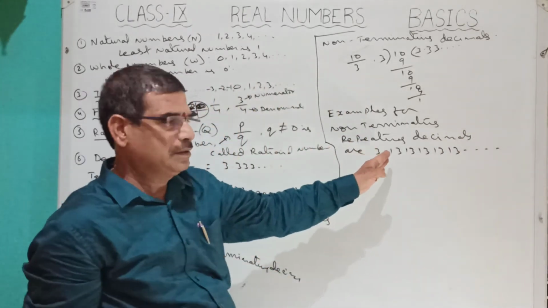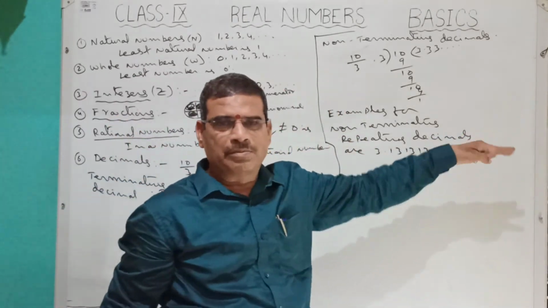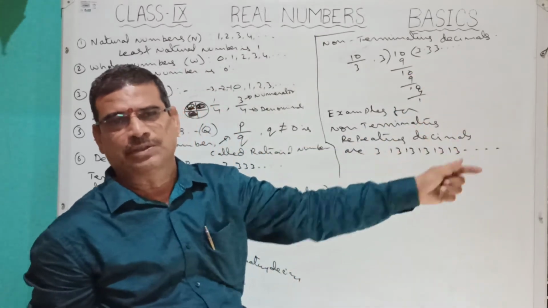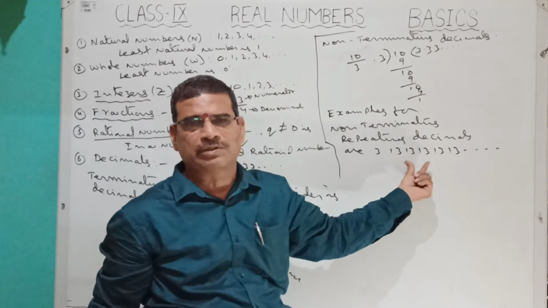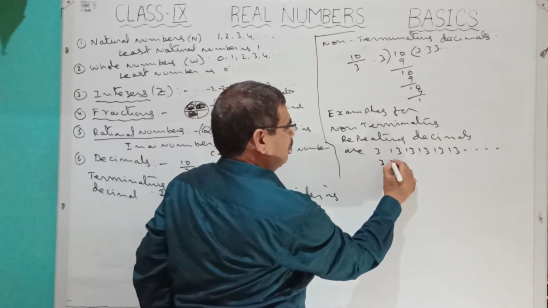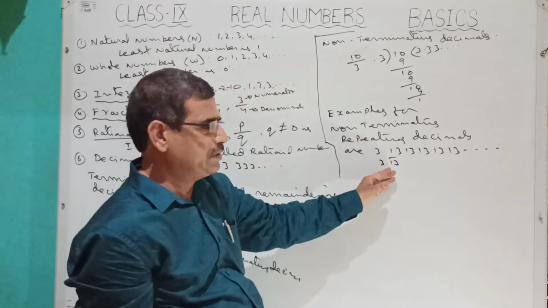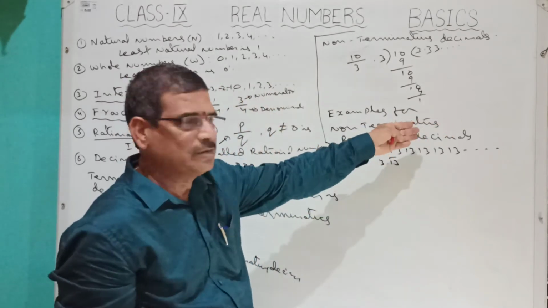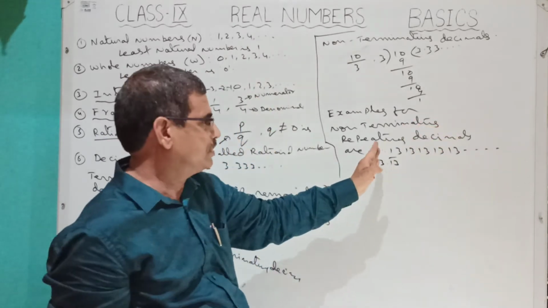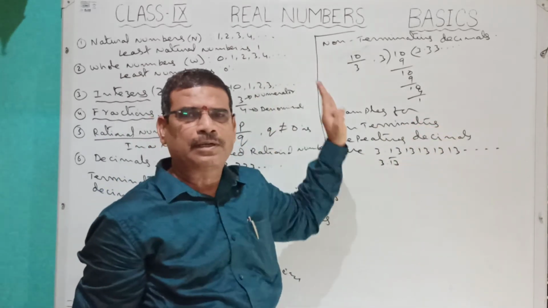This is going on. Numbers are going on, but what number is repeating? 13, 13, 13, 13. So here the repeating number is 13. Simply we can write this as 3.13 bar. So this is non-terminating. Non-terminating means no ending point. Repeating. So this is called non-terminating repeating decimal.